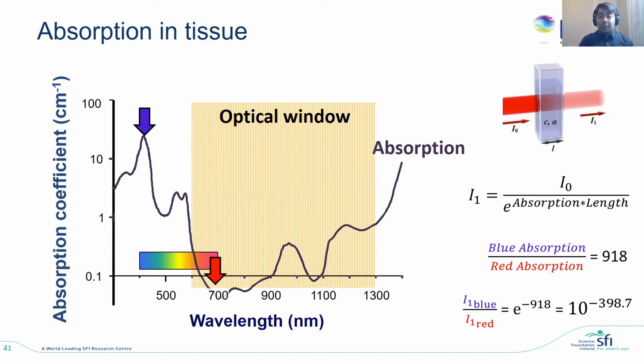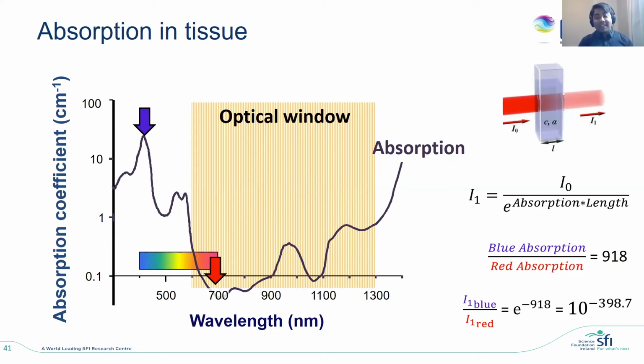And if you compare intensities, the transmitted blue light is actually a decimal with 400 zeros less than the red transmission.